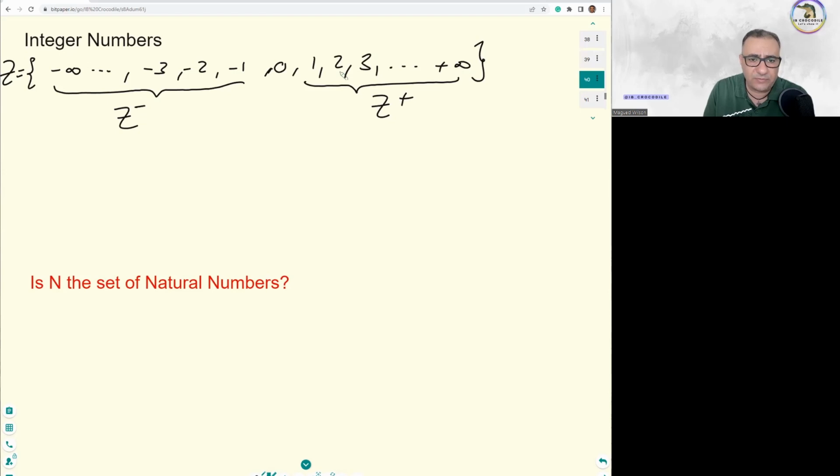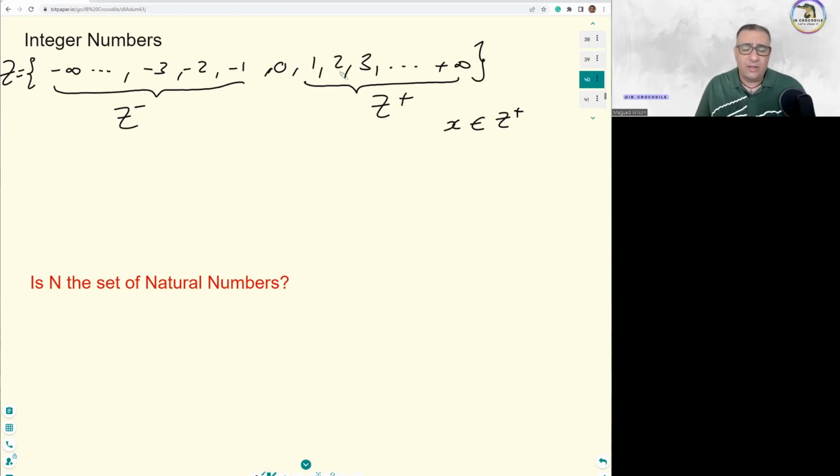So Z positive here is just the positive integers. So if the question says, let's say, x belongs to Z plus, then 0 is not included. You cannot consider 0 in the question if the assumption in the beginning of the question mentions x belongs to Z plus, so there is no 0 and there are no negative integers, right?